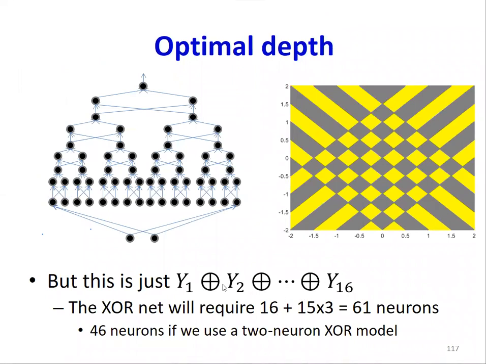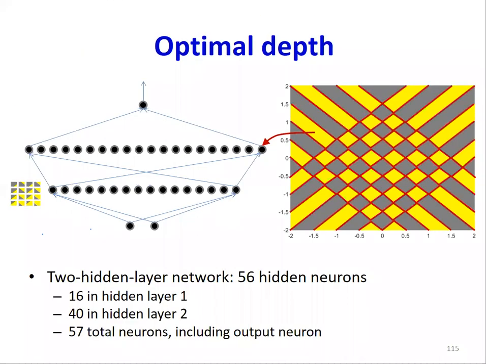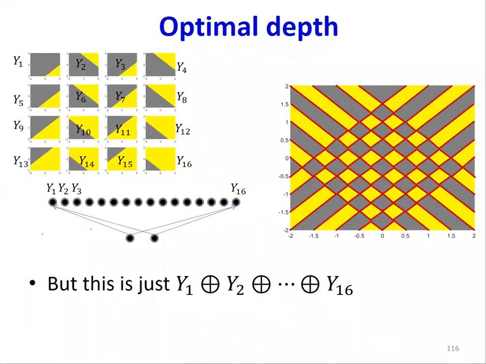So there are 15 XORs in all. And each XOR can be done, we saw, with 2 neurons. So that's 15 times 2, 30, plus 16. So that's 46 neurons. You can do this whole thing with 46 neurons instead of 57 total neurons.